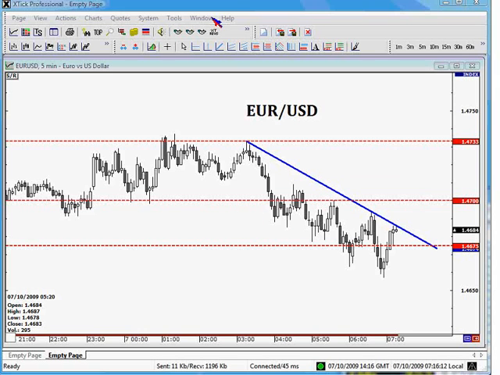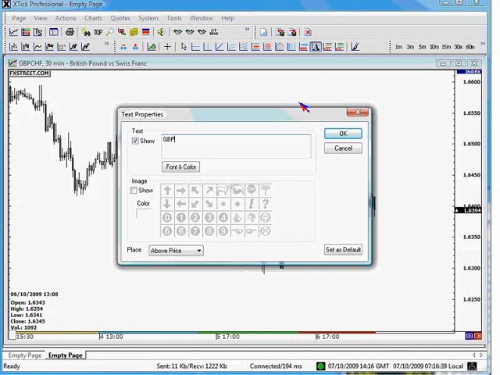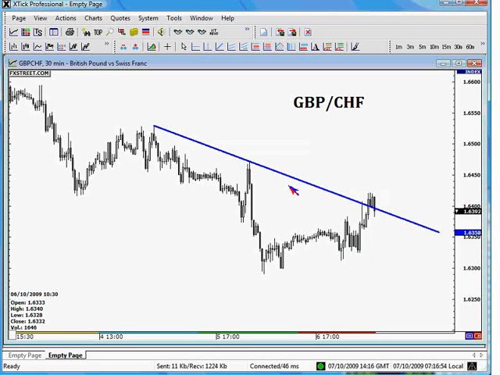Excellent. All right, let's look at the pound Swiss. I'd love to look at the pound Swiss right now. Looks like we're reversing just a bit off these highs. We're going to look at the 30-minute chart. This is the British pound Swiss franc. And what you'll notice, and the reason I'm interested in this, is we just broke above the trend line this morning.